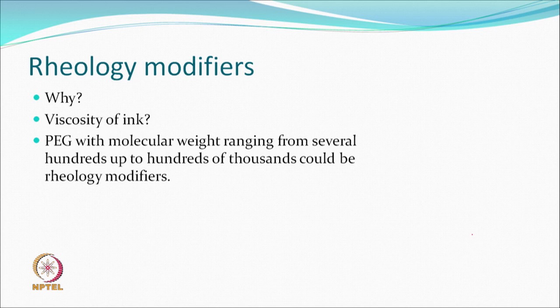Some of the materials which can be used as rheology modifiers are like polyethylene glycol. The molecular weight could range from several hundreds up to hundreds of thousands.